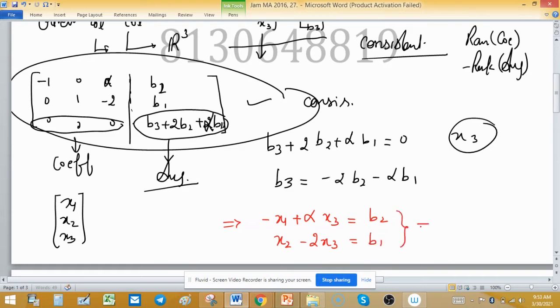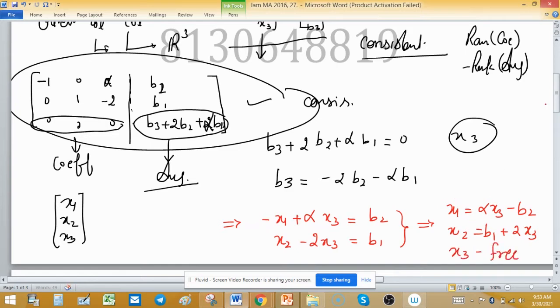So these two imply that x1 equal to alpha x3 minus b2, and x2 equal to b1 plus 2 times x3, and x3 is free.